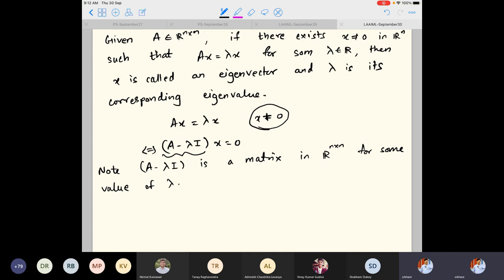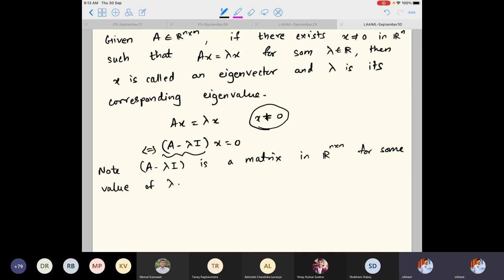If you find a lambda such that A minus lambda I has a non-trivial null space, then you have found the corresponding eigenvector too, right? If A minus lambda I for some value of lambda is invertible, then for that lambda it will have full rank, because it's a square matrix.